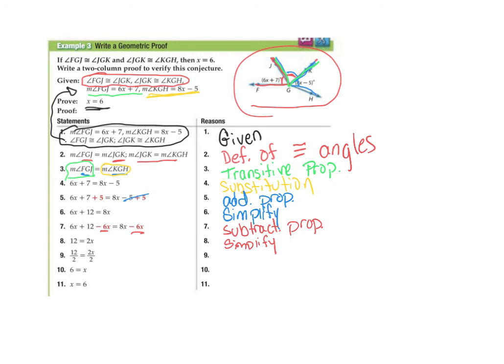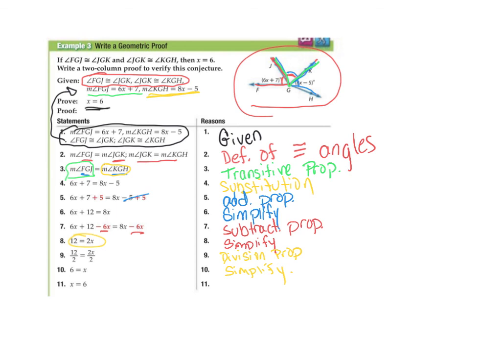So then I'm left with 12 equals 2x. Again, isolate your variable. So in order to get x by itself, I will divide. And when you divide on both sides, that is called the division property. And one more time, I'm going to simplify so that I have 6 equals x. Now, we know that 6 equals x is the same thing as x equals 6.